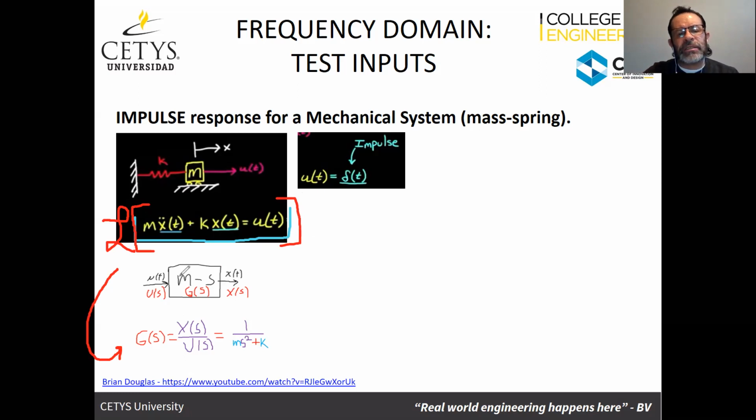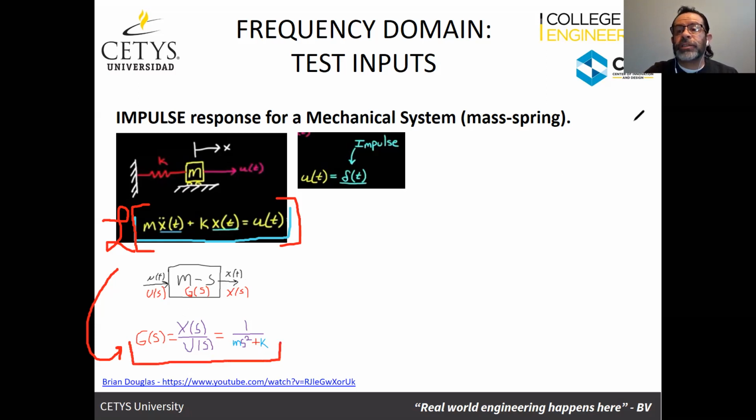So now we have a system, the mass spring system, that has an input, which is the force that we're applying, that now we're calling U of t. We could call it whatever we wanted to call it. And the output is x of t. This in the Laplace domain is U of s as the input, G of s as the transfer function, and X of s as the output. And this is the transfer function that represents the behavior of the system.